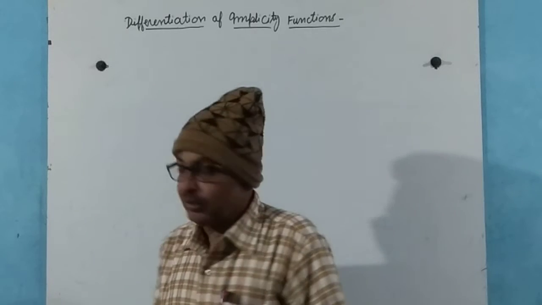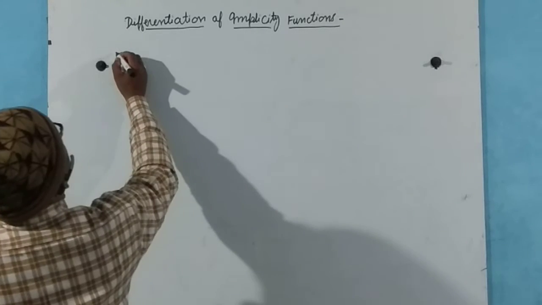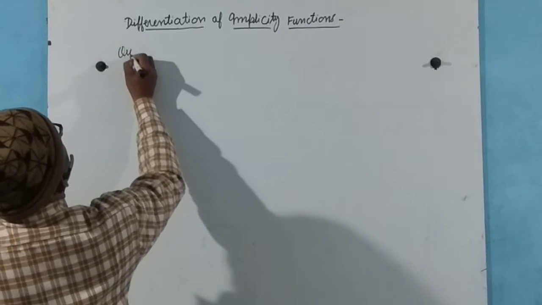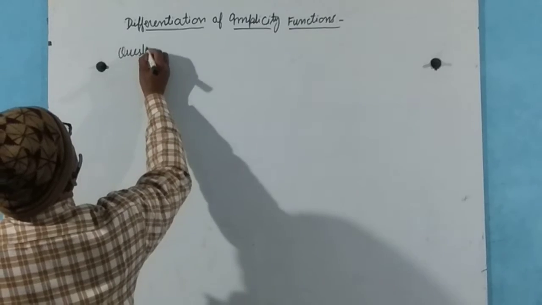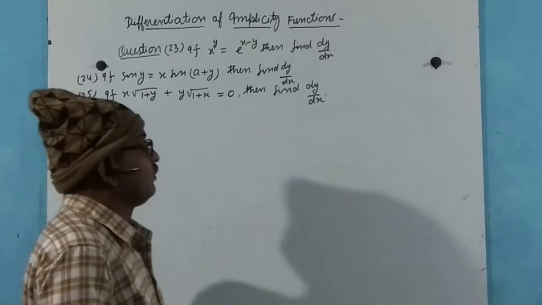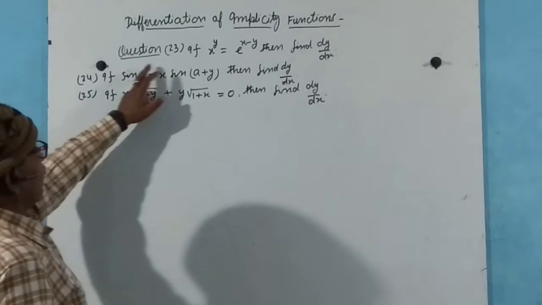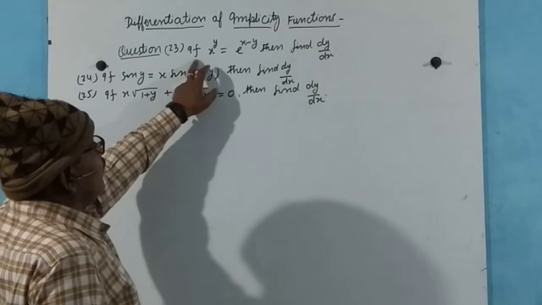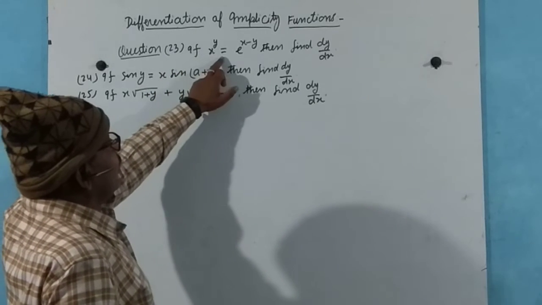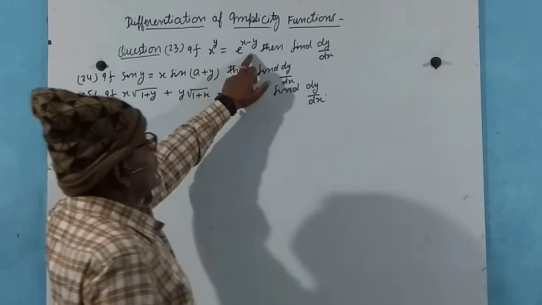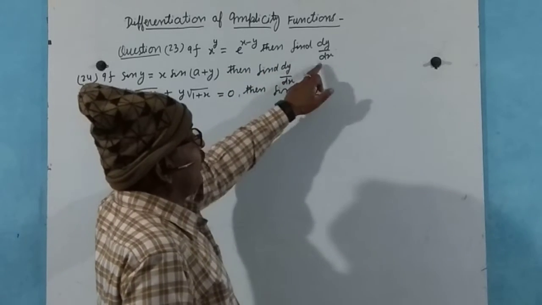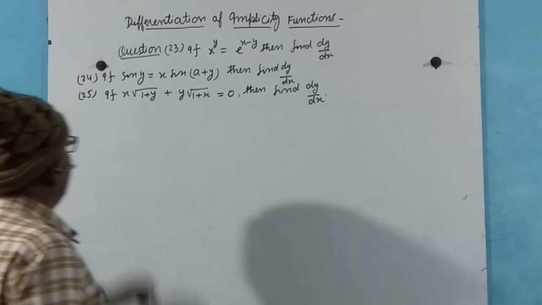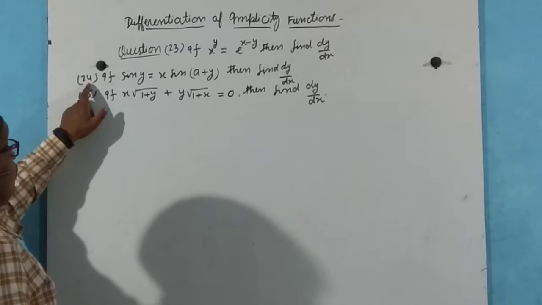Now question number 23. If x to power y equal to e to power x minus y, then find dy by dx. And question number 24.